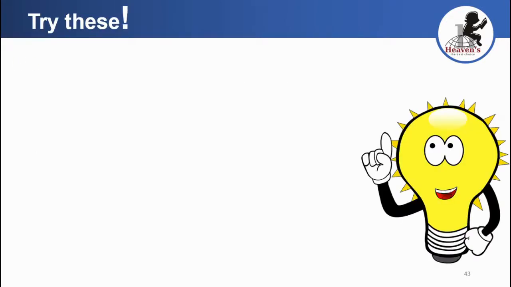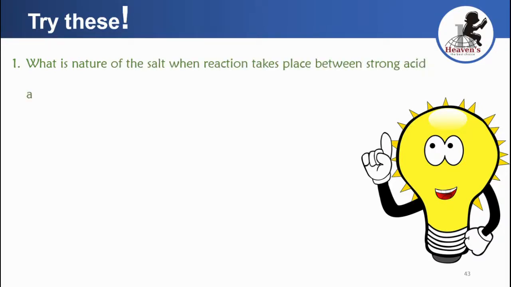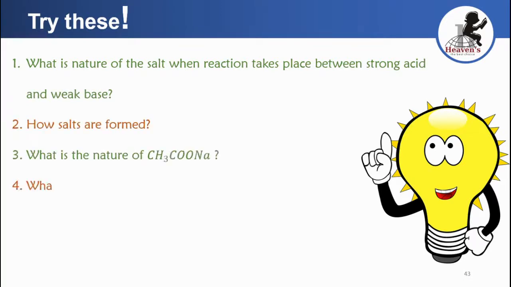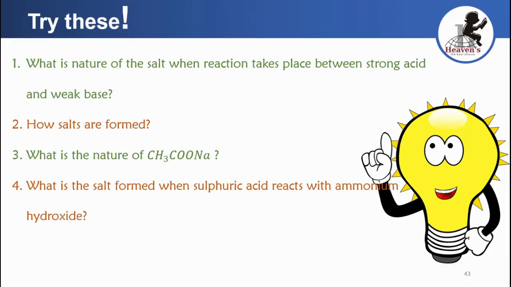Okay, next, try this. First question, what is the nature of the salt when a reaction takes place between a strong acid and a weak base? The second question is, how are salts formed? Third one is, what is the nature of sodium acetate, CH3COONa?